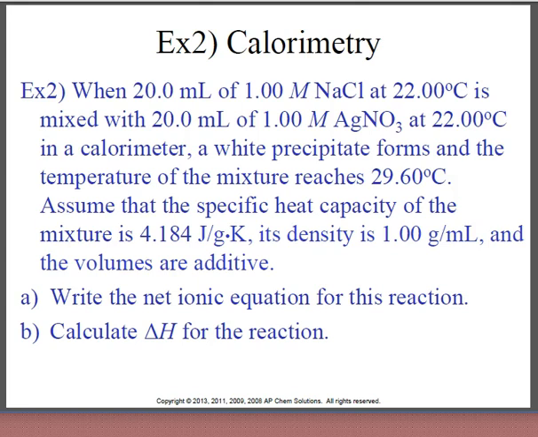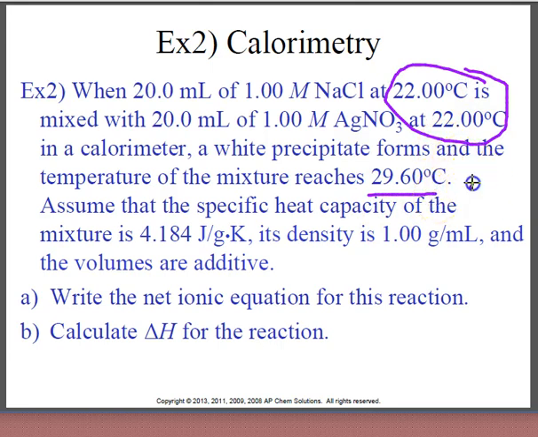Remember, that's when a solid forms when you mix two ionic compounds, because those ions prefer to be together instead of separated in the water. The temperature when that happens reaches 29.6 degrees. So notice we started off with both of them at 22, and now they're at 29.6. So the temperature went up.